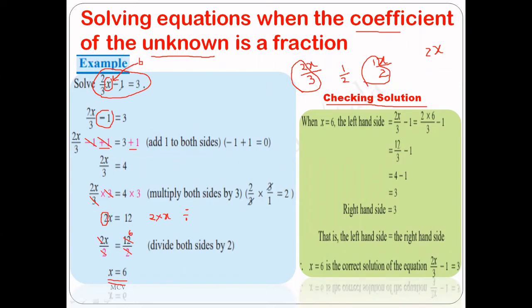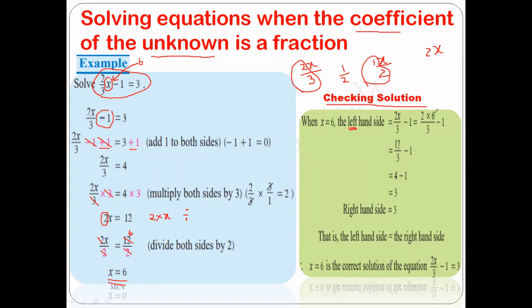Now let's put this 6 here. 2x over 3 minus 1 becomes 2 into 6 over 3 minus 1. That is the left. Not the right. Right hand side is 3, no? Take only the left hand side and substitute.